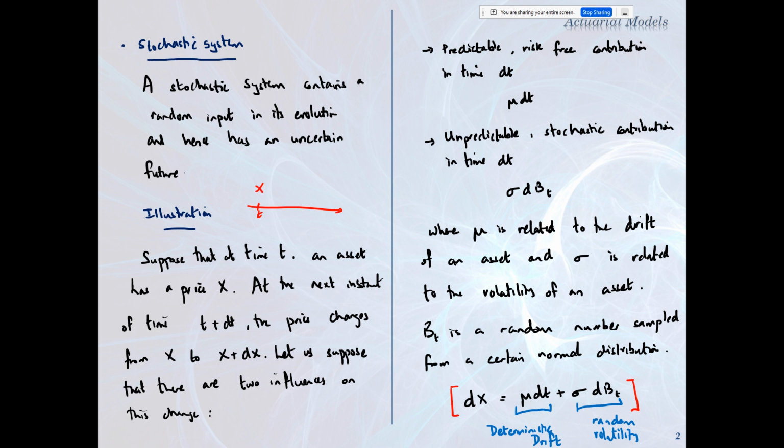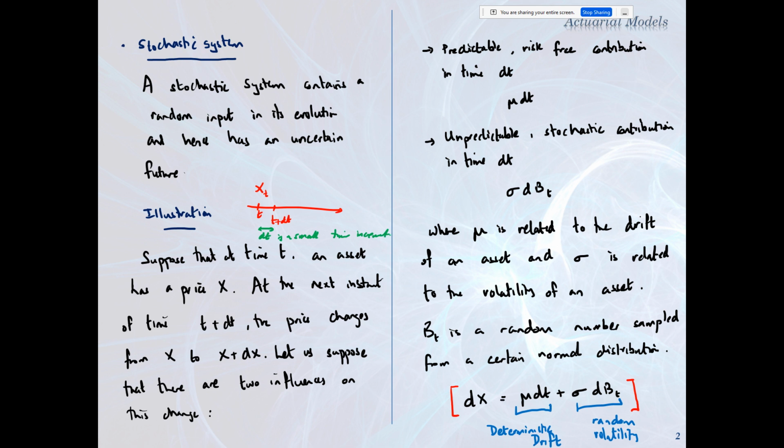The asset has a price x, so let's put it x_t. At the next instant, I put it here, t plus dt, where dt is the increment in time. Normally, dt is very small. It's a small time change.